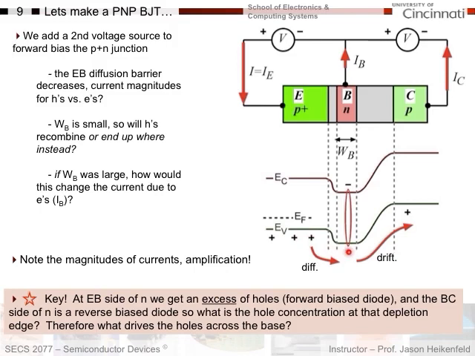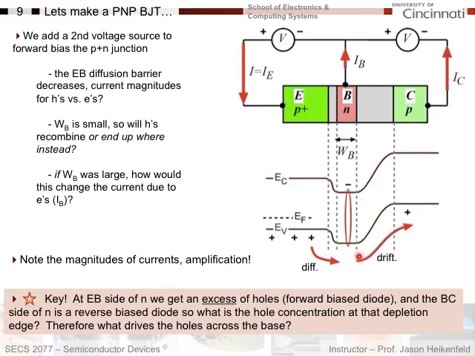Now, here's a key thing. We made the base width very small here. We purposely designed the base width so that it's narrow. So the question is, what's going to happen to the holes? They move over here, they show up here, and the question is, will they make it across to the other side or recombine?